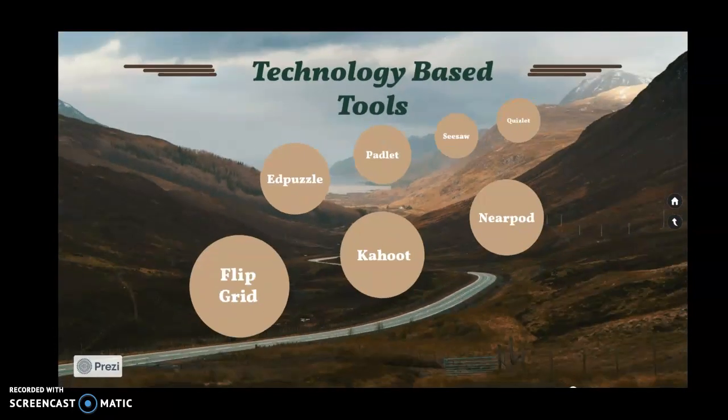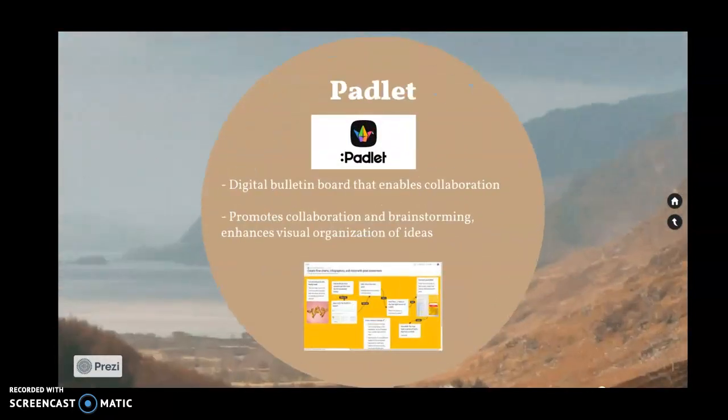And now we're going to move on to Padlet, which is our fifth tool. Padlet's really cool. It's a bulletin board that enables students to work with each other and type on the same platform. It enables collaboration and allows students to share ideas and discuss through text, using images, videos, and even sticky notes or documents.